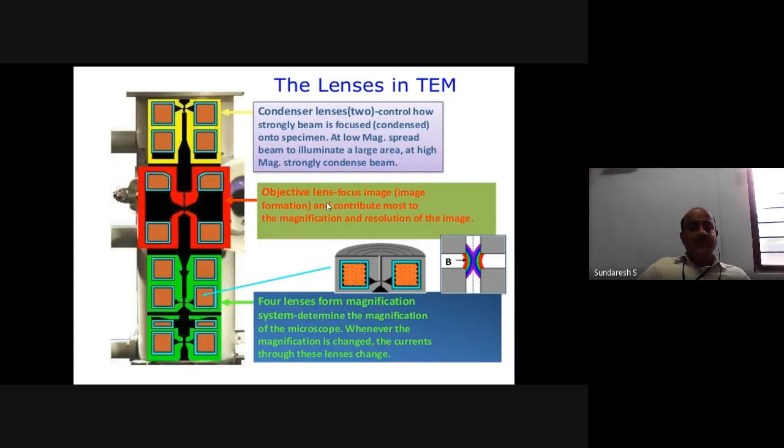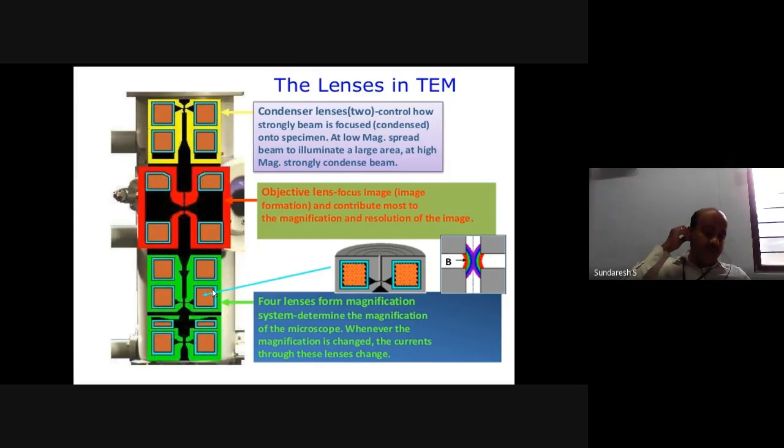Then next comes the objective lens. These are the lenses which focus and contribute most to the magnification and resolution of the image. And there are four lenses which form the magnification system and determine the magnification of the microscope.